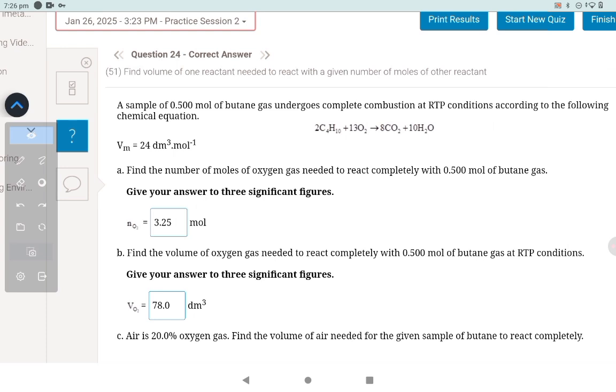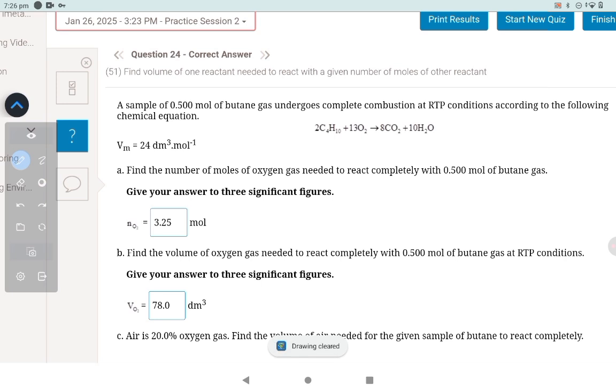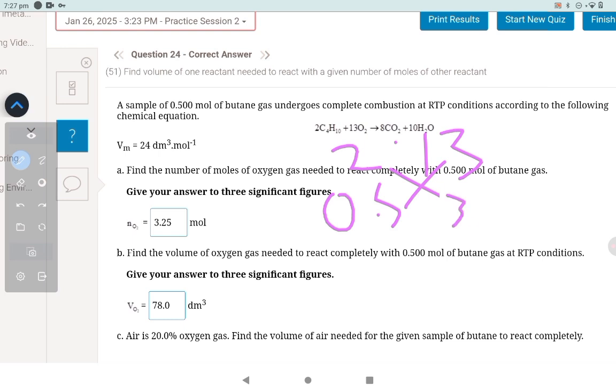Number of moles of oxygen gas. We have 0.5 moles of butane gas. We do MCR. We have butane 2, oxygen 13. Butane is 0.5, cross multiply, what do you get? 0.5 times 13 divided by 2, you get 3.25. Find the volume of oxygen gas needed to react completely with 0.5 mole.